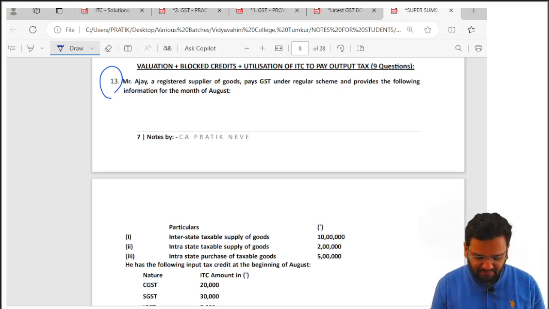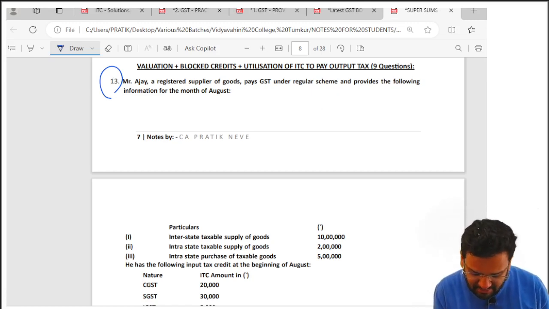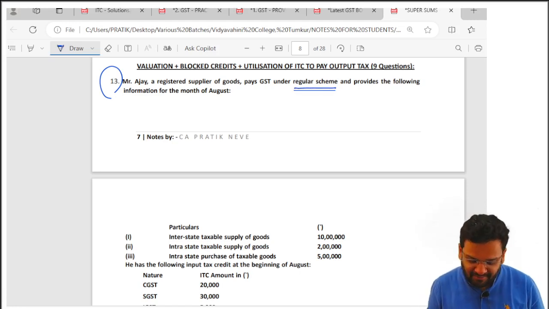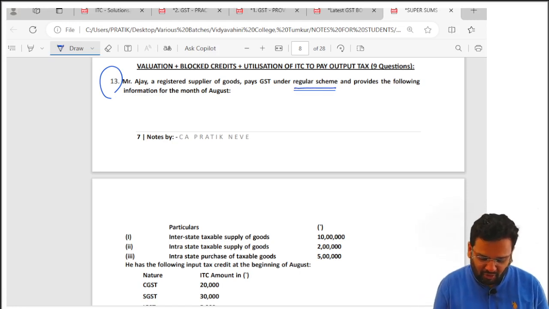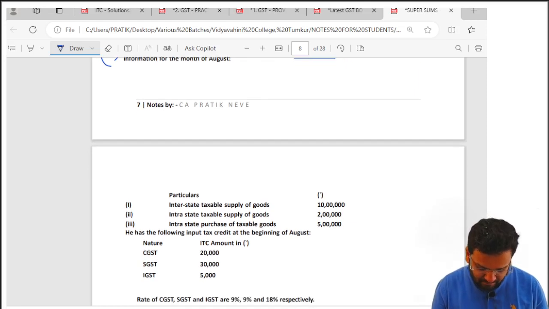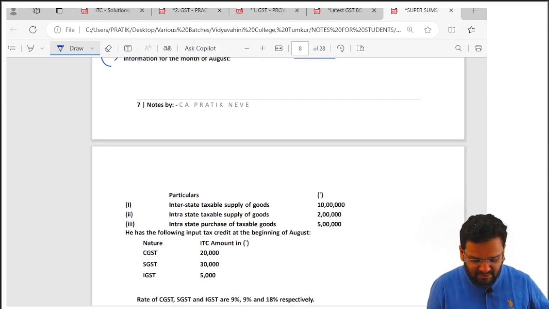Mr. Ajay, registered supplier of goods, pays GST under regular scheme and provides following information for the month of August. You have got interstate taxable supply of goods, intrastate taxable supply of goods, intrastate purchase of taxable goods, and he has the following ITC at the beginning of the August.